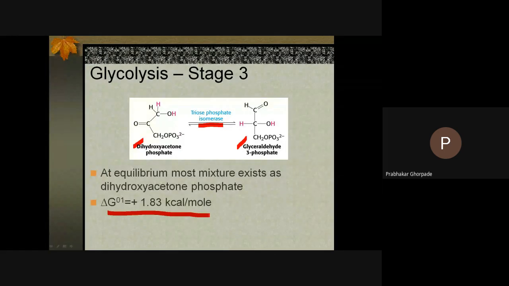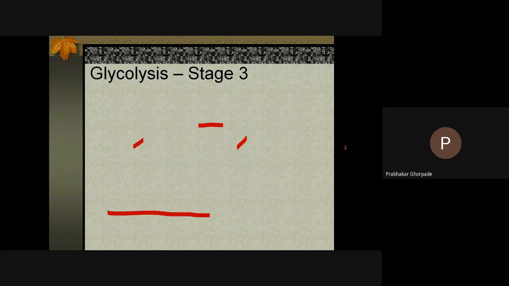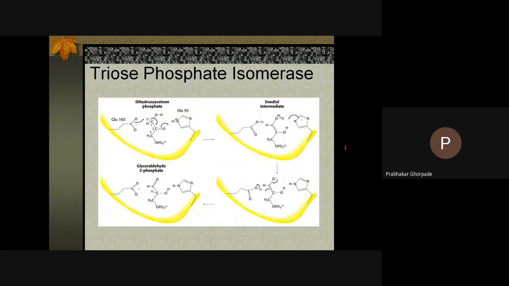So now, from the glucose molecule, how many glyceraldehyde 3-phosphate did we get? We got 2. This one is the first glyceraldehyde 3-phosphate, and one dihydroxyacetone phosphate got converted into glyceraldehyde 3-phosphate. It means that we are getting a total of 2 glyceraldehyde 3-phosphate. So these are some of the roles of triose phosphate isomerase.